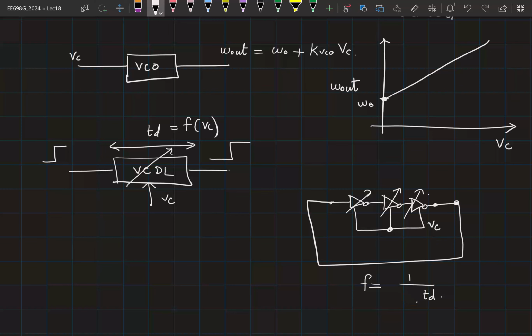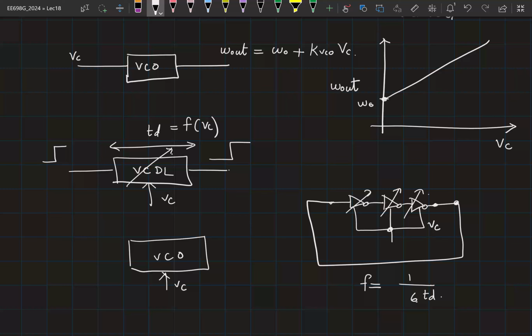6. Right. So now as you change your VC, you know that the TD is going to change. And if TD changes, the oscillation frequency will also change. In a VCDL, the TD is changed, but that doesn't affect the frequency. But in this, since we are shorting the input and output, the frequency is also changed because of changing the TD. Also, in a VCO, the only input you need to feed in is VC.